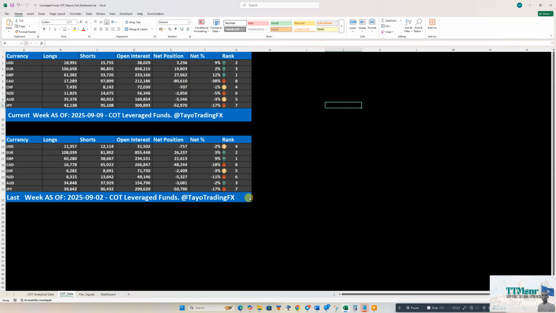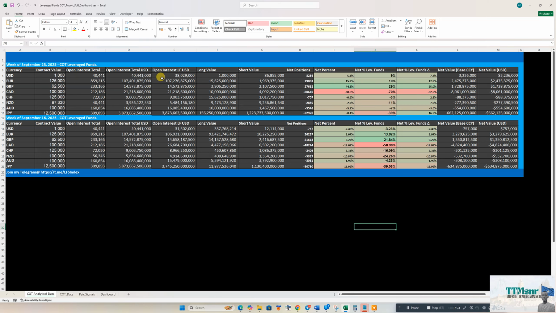So the next asset is, we have to ask one important thing. Since we know the open interest and also the net positions and net shorts, do we know the contract value? You see, the US dollar contract value is always 1000.